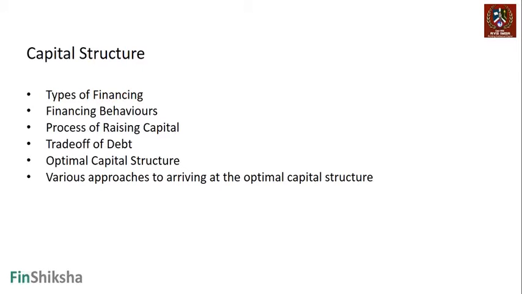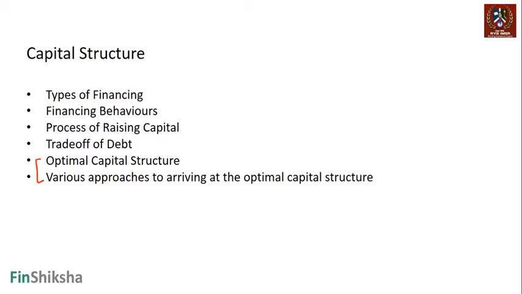We're going to look at what are the types of financings available, what are typical financing behaviors depending on what life cycle stage the business is in, process of raising capital, the trade-off of debt, which is essentially what are the uses, positives and negatives when a company decides to raise debt, optimal capital structure, and various approaches to arrive at this optimal capital structure. The last two are going to take bulk of our time, essentially, right?